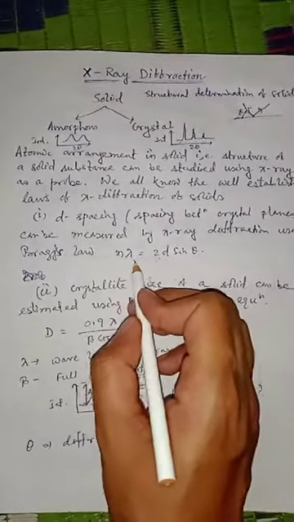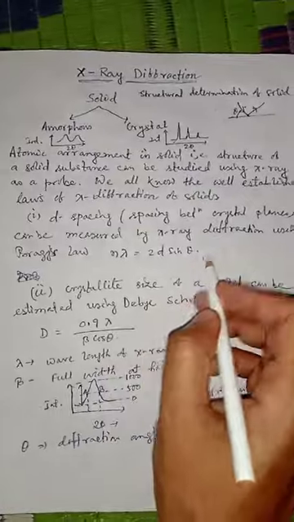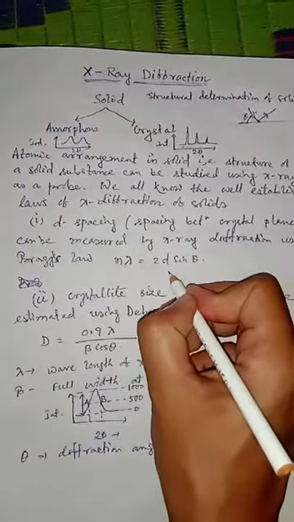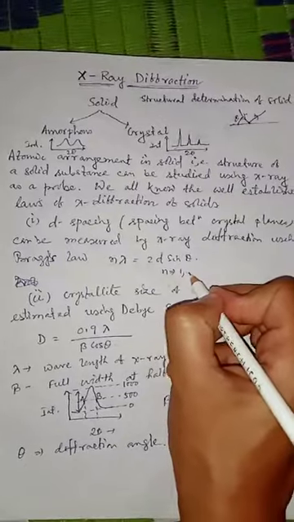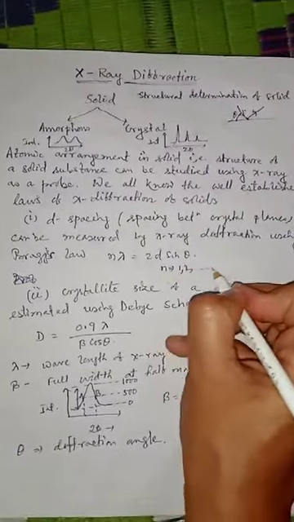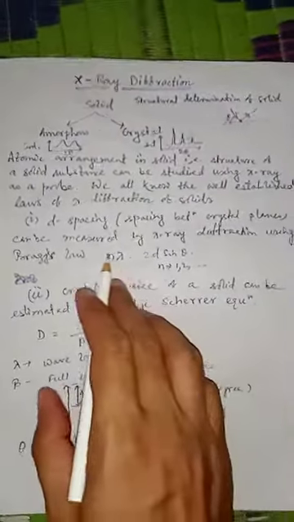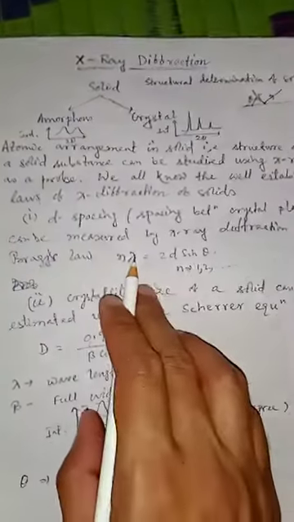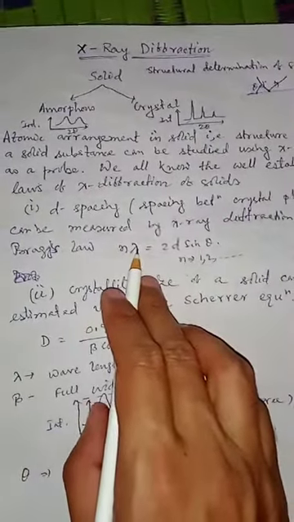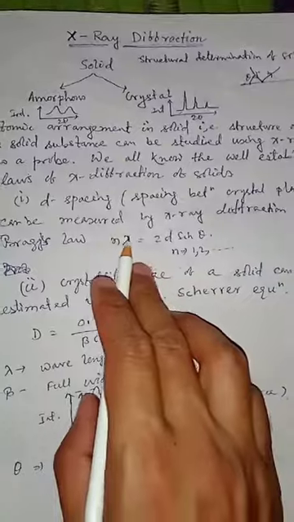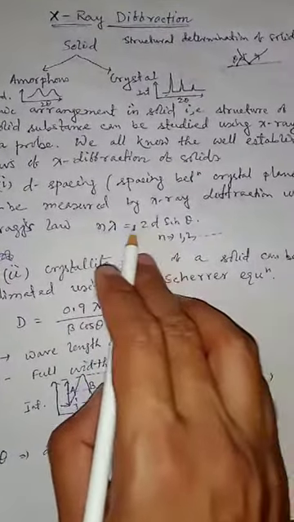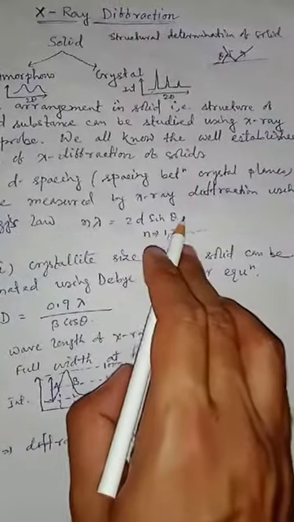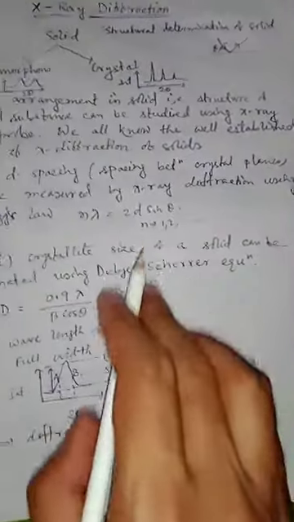We know that n lambda equals 2d sin theta. Here n is the order of reflection or diffraction, which starts from 1, 2 and so on. n can never be 0. Lambda is the wavelength of the incident X-ray. d is the interplanar spacing, and theta is the diffraction angle.